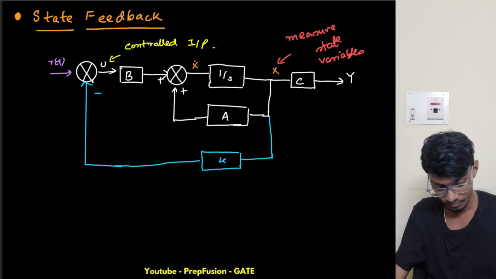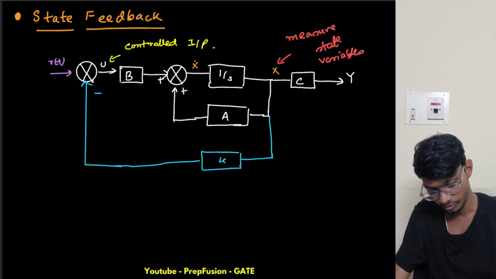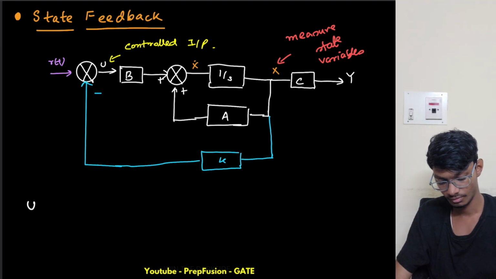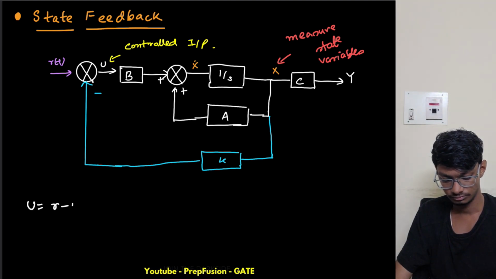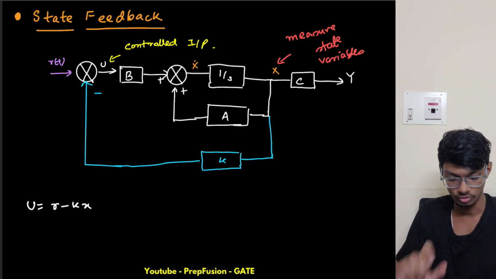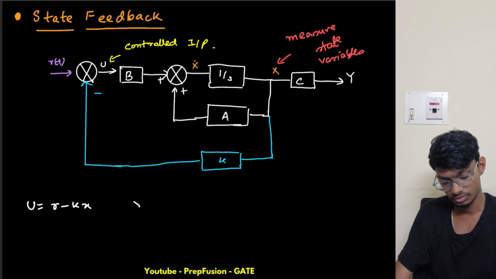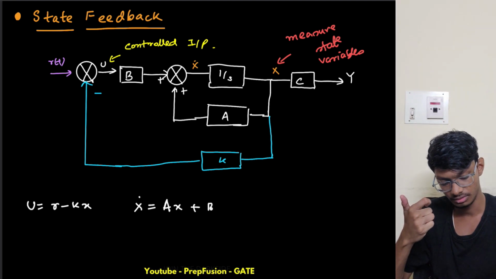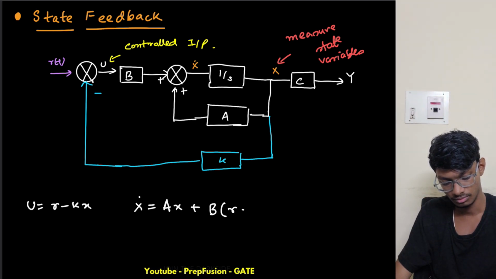Now let me write the equation once more. We know this already, but still let me write it. So this is u = r minus kx, right? So what is x dot? x dot is basically a times x plus u times b. Now b is b only, but u changes to r minus kx.